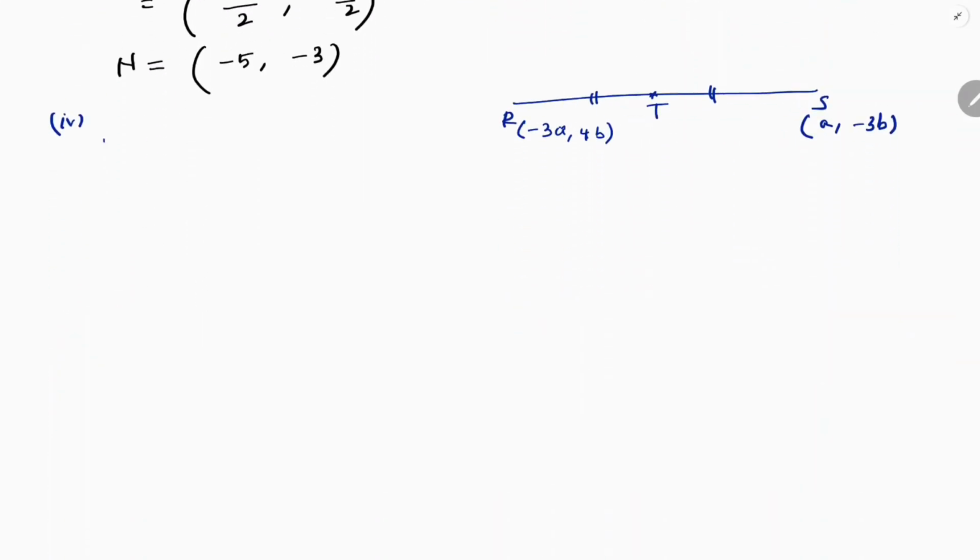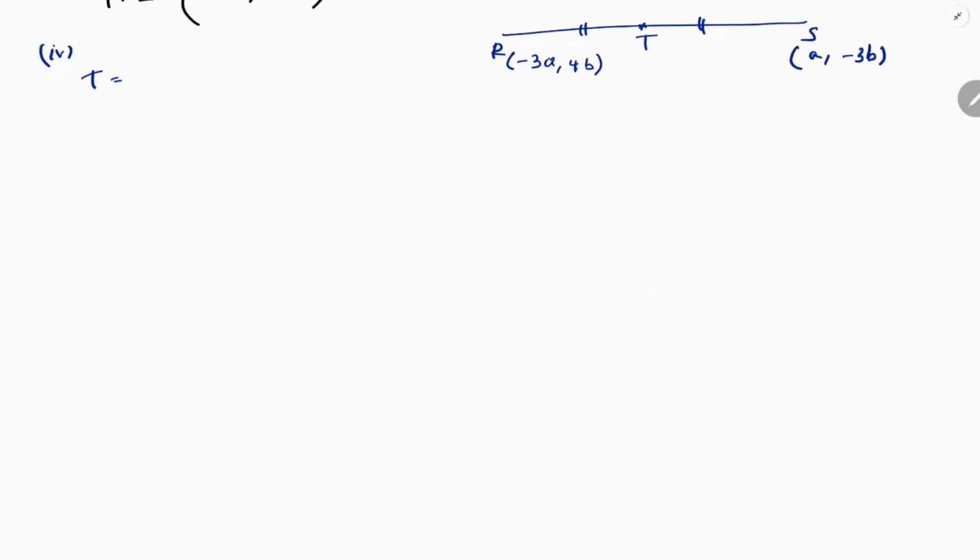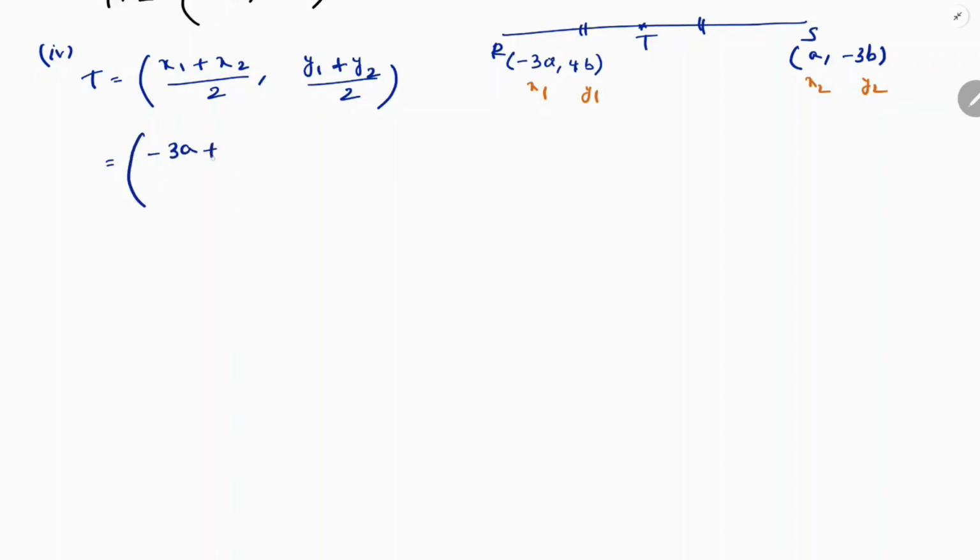So the formula for the midpoint T is x1 plus x2 by 2, y1 plus y2 by 2. The first point is x1, y1 and the second point is x2, y2. If I substitute the values now, x1 is minus 3a, x2 is a, by 2, y1 is 4b, y2 is minus 3b, by 2.